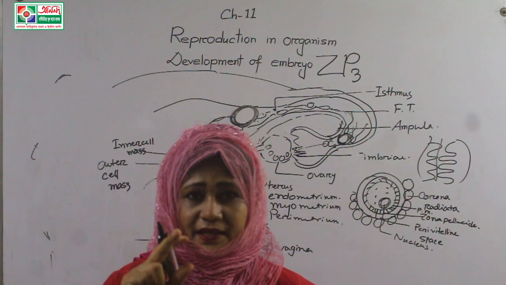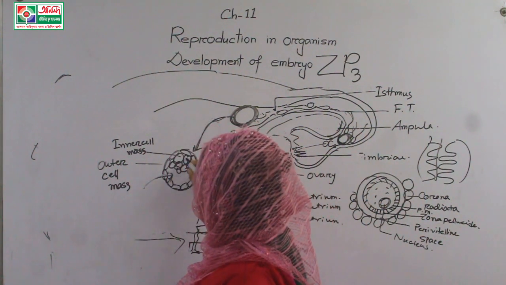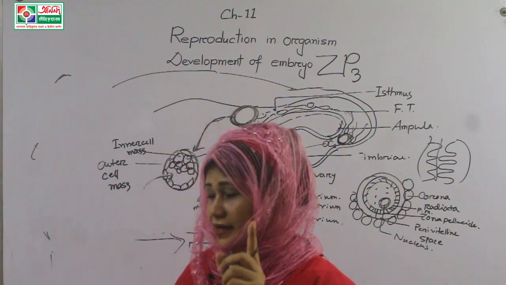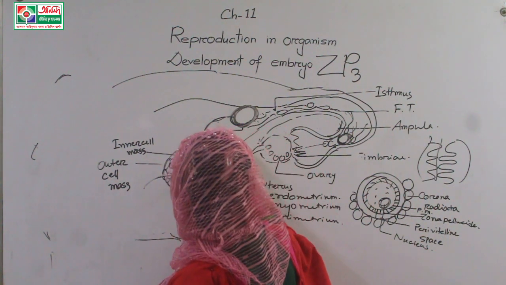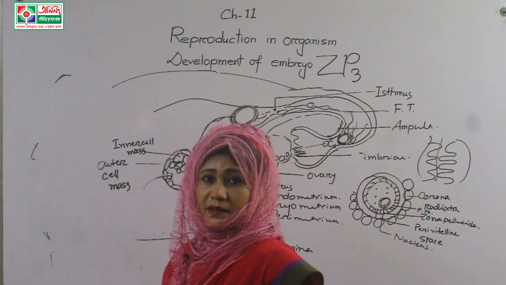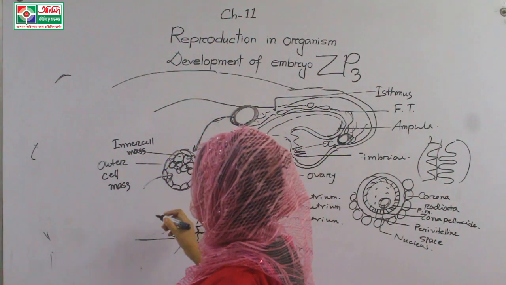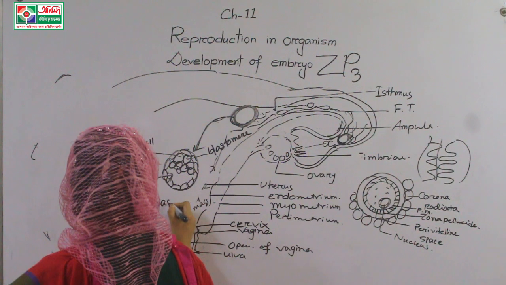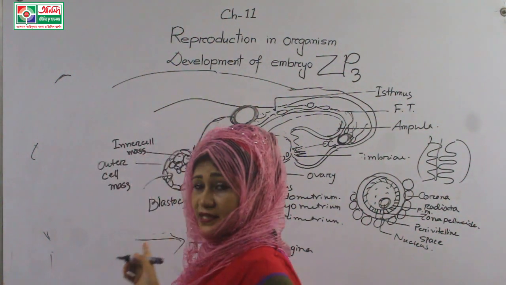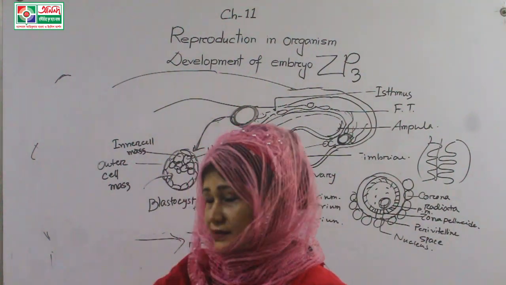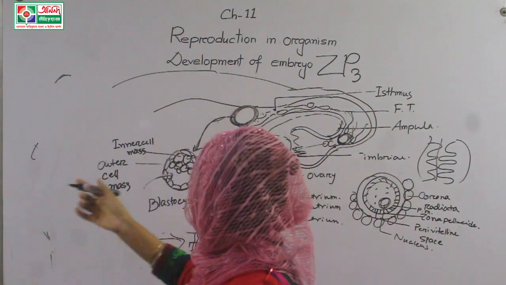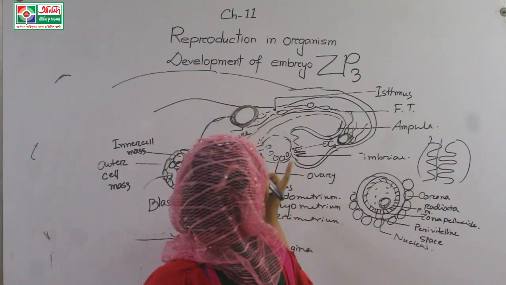Each cell of this structure is known as the blastomere, and the full structure is known as the blastocyst, because it has undergone another mitotic division, that means the cleavage, and now it has gone from 16 to 32 cells.